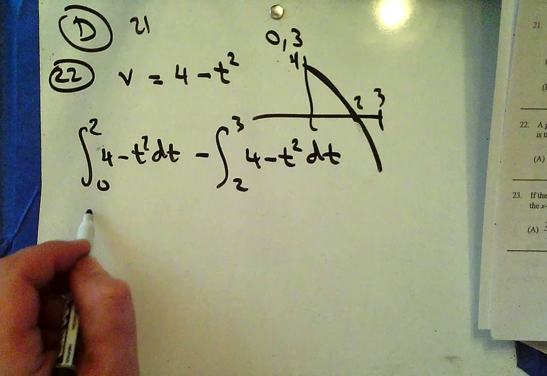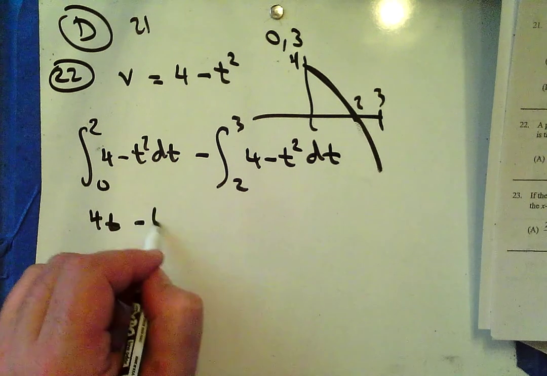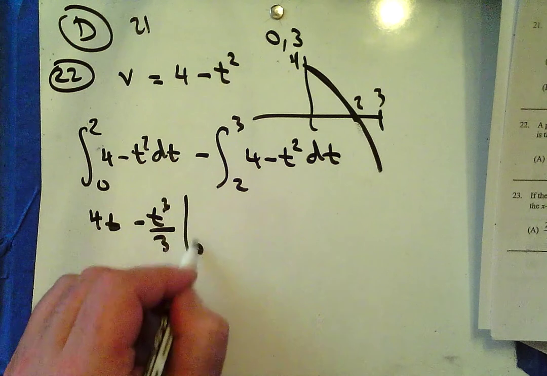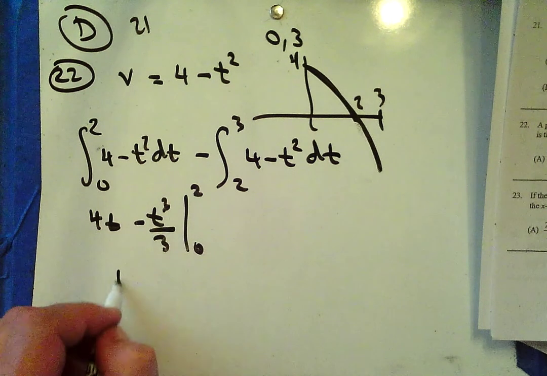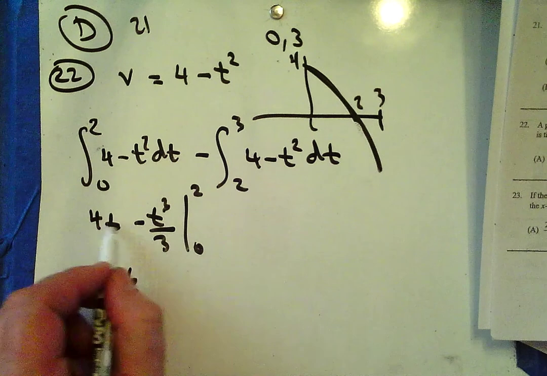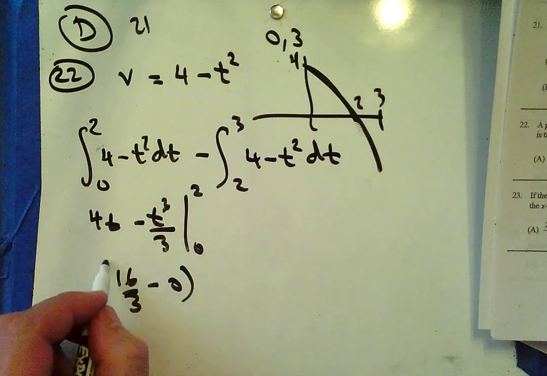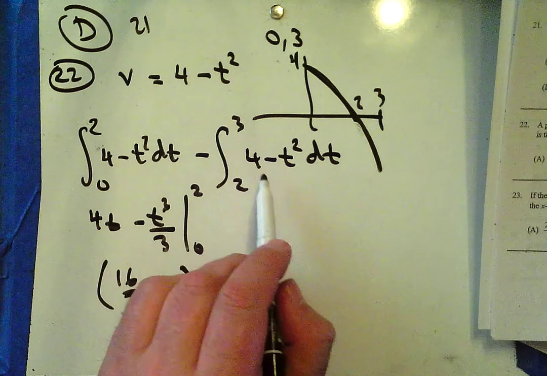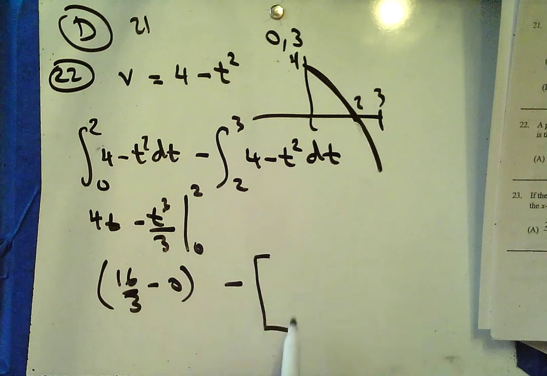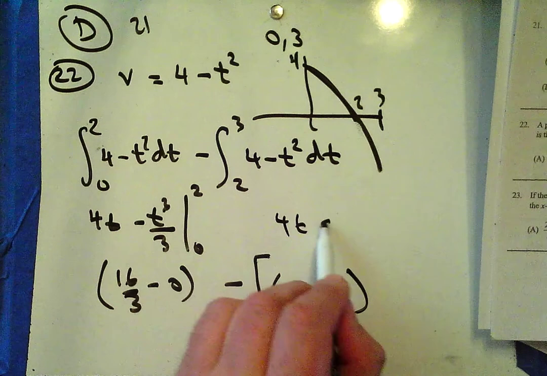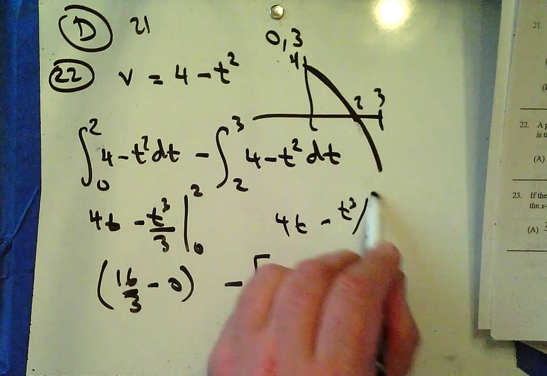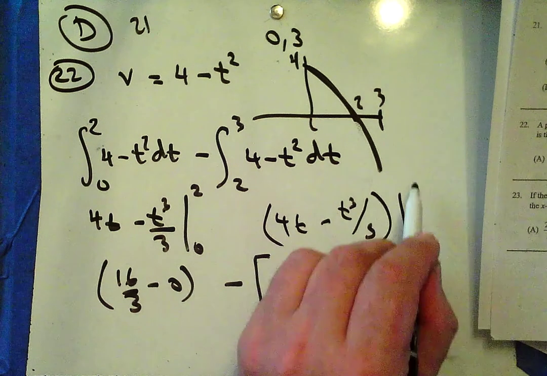So the antiderivative here is 4t minus t to the third over 3 from 0 to 2. 8 minus 8 thirds is 16 thirds, and 0 minus 0 is 0. Minus, and then we've got this integral, comes in two parts. It's going to be 4t minus t to the third over 3 again, but this time evaluated from 2 to 3.